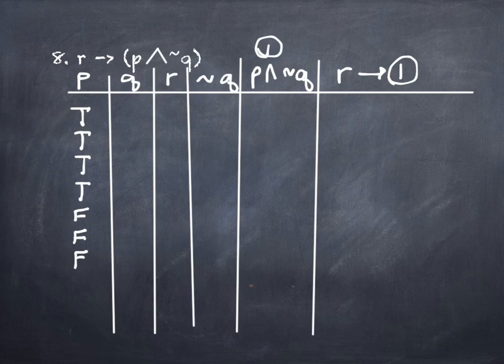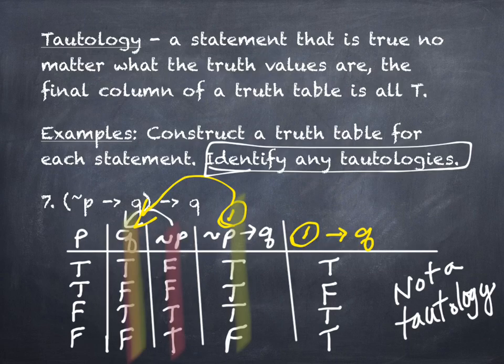How do you know if there are 4 or just 2 falses? It depends on how many statements you have. This one had 3 statements, P, Q, and R, which means it's going to start out 4 and 4. If you only had 2 statements like on our last slide, then you're only going to have 4 rows, which means 2 trues, 2 falses. It has to do with the number of letters. If it had more than 3 letters, I wouldn't ask you to do a truth table for it.